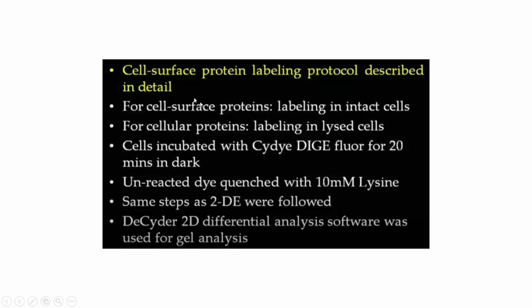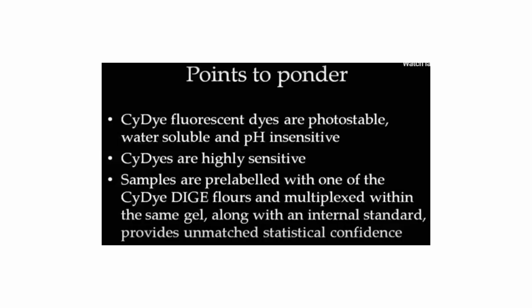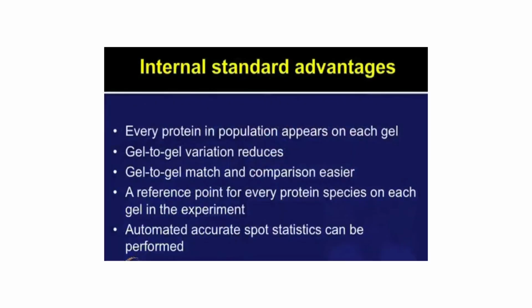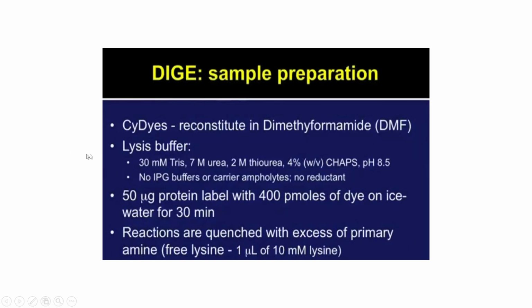Now how the labeling happens is explained in detail. For cell surface proteins, labeling in intact cells. For cellular proteins, labeling in lysed cells. So how do you do labeling depending upon your interest? If it is a cell surface protein, you don't have to lyse the cell, so this lysis buffer won't be added if you are trying to check the intact cells, basically trying to check the proteins which are on the surface.